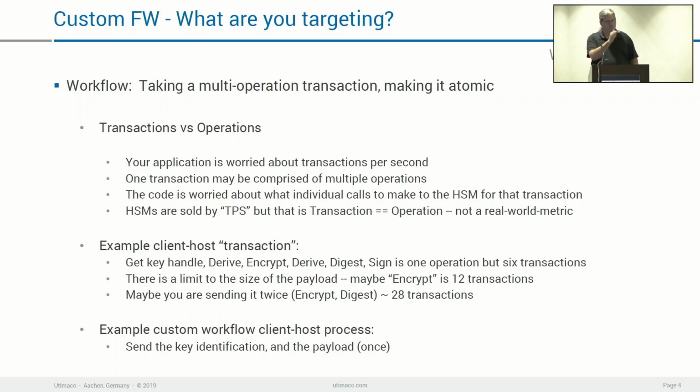The HSM is going to work through that workflow, and what you get back is your end result without having to expose any internal keys. If you're deriving keys internally, those keys never come out of the HSM. They're used in place and securely zeroized, and things like that. So the benefits of workflow are generally in network overhead. You don't have to make all those calls to the HSM, and slightly better security because your derived keys are not exposed.